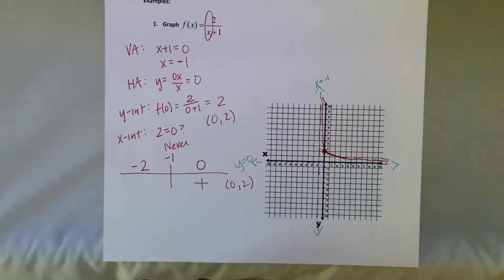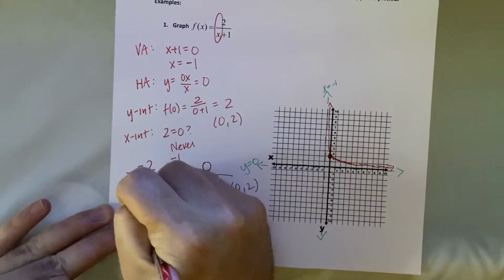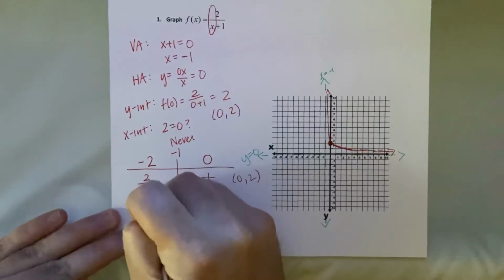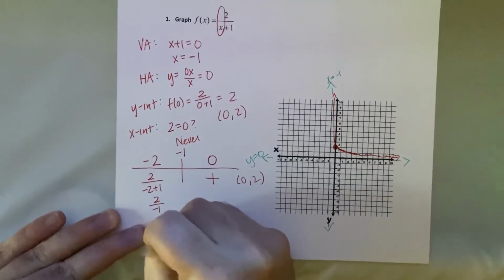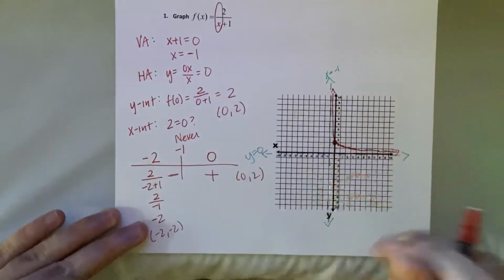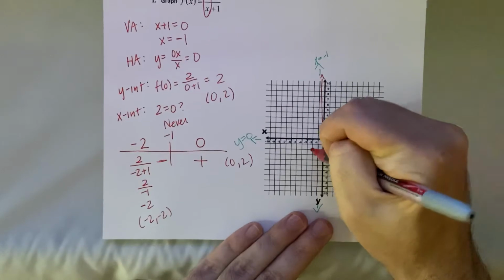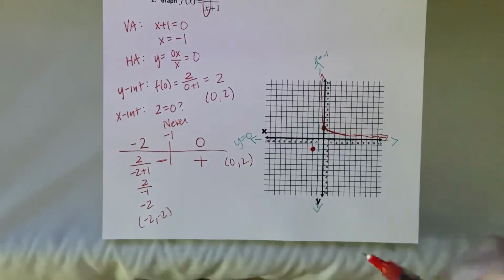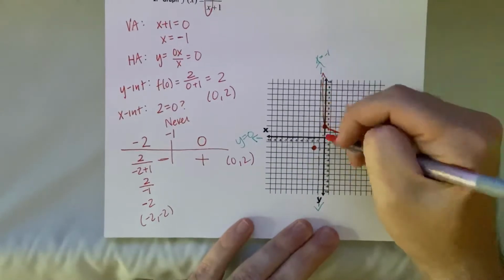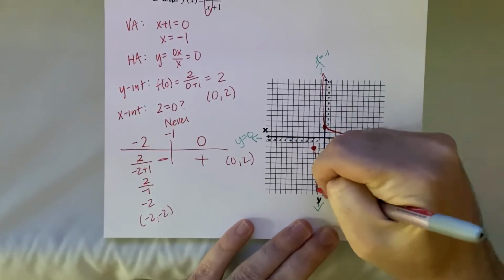Now I need to check what's happening on the left side though. So let's plug in -2. That would be 2 over -2 plus 1, which is 2 over -1 or -2. So we have the point (-2, -2). It's a negative number for our graph. If I plot (-2, -2), it's down here. That means all of my numbers to the left of the asymptote are negative, which means if I'm going either up or down towards the asymptote on the left side, I have to be going down because I can't cross.